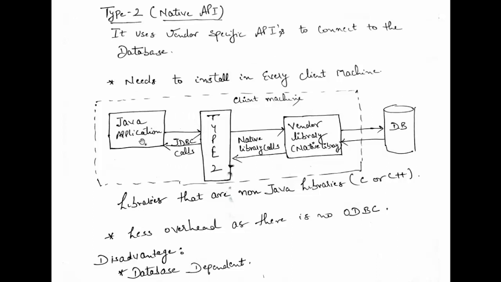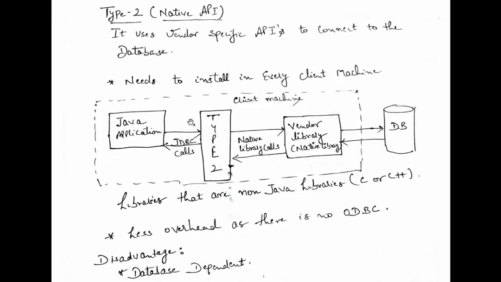The corresponding JDBC API will convert the Java application's requests into JDBC calls, and this native type 2 driver will convert the JDBC call into native library calls for the database. These native library calls are written in C or C++. Native library means libraries that are non-Java libraries.